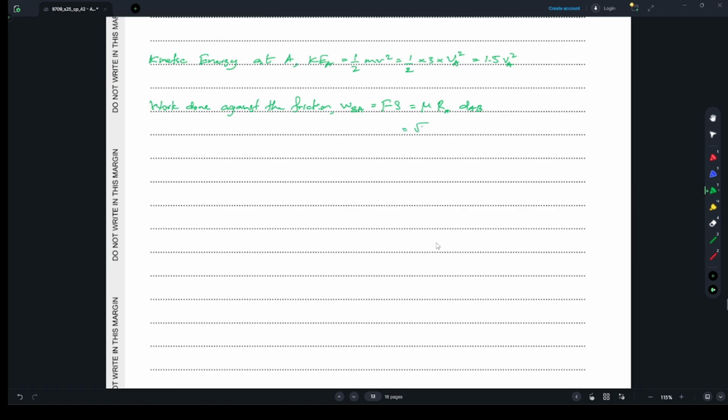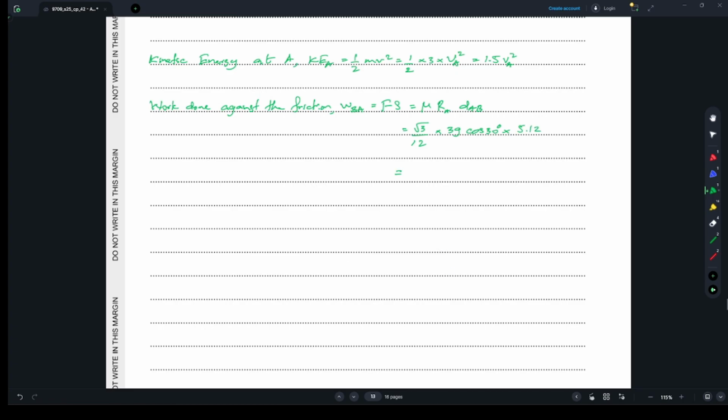Mu was root 3 over 12, and then R is again the same, 3g cos 30, times now DAB, which we know is 5.12.